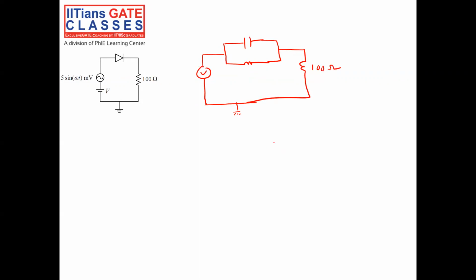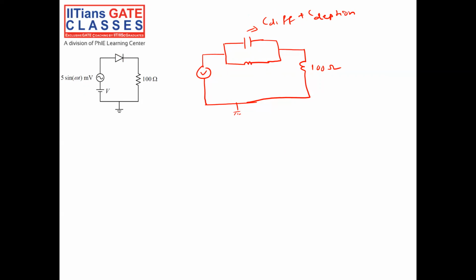This capacitance is C diffusion plus C depletion. Diffusion capacitance comes because when the diode is forward biased, there is charge injection.